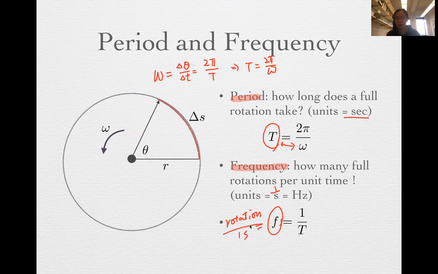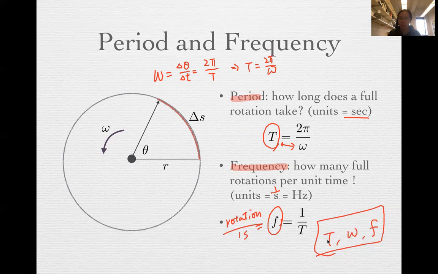If you invert that, that's the meaning of period. I hope this makes sense. T, omega, and frequency are pretty much the same thing; they are all physics quantities used to characterize the timing of the angular motion.